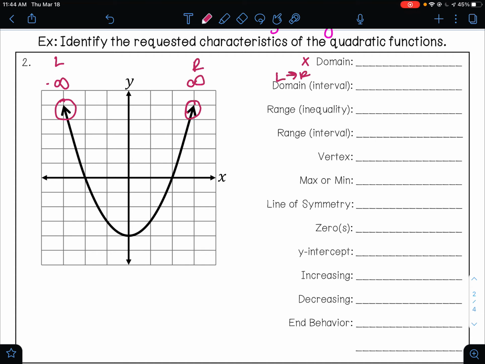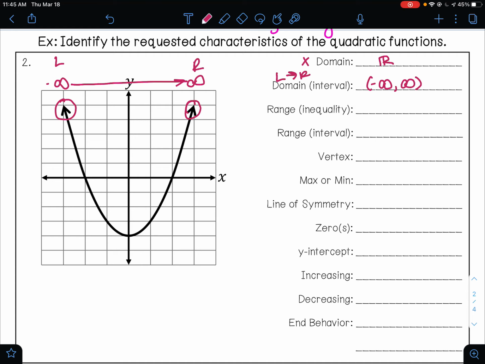So my domain is from negative infinity to positive infinity, which is the same thing as saying all real numbers. This R with an extra line is a symbol that represents all real numbers. If you don't like the symbol, you can just simply write out all real numbers.